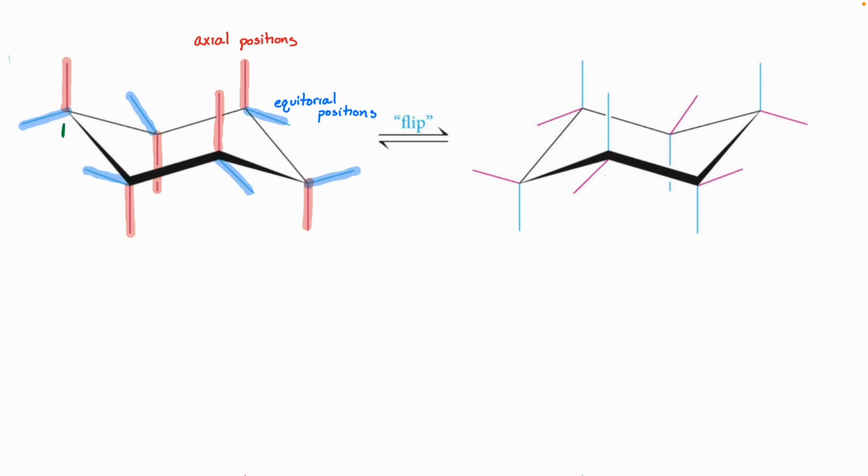All right? And importantly, when a chair undergoes a flip, the carbons that used to be pointed up, right? Notice how carbon 1 is sitting at the point of a triangle on the left side. When it undergoes that flip, now it's going to be pointed down. So this right here is that same carbon before and after that flip.